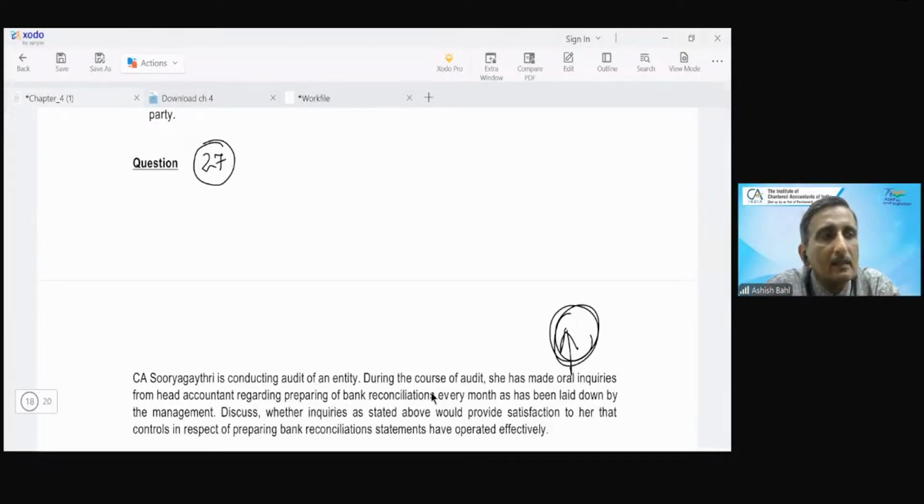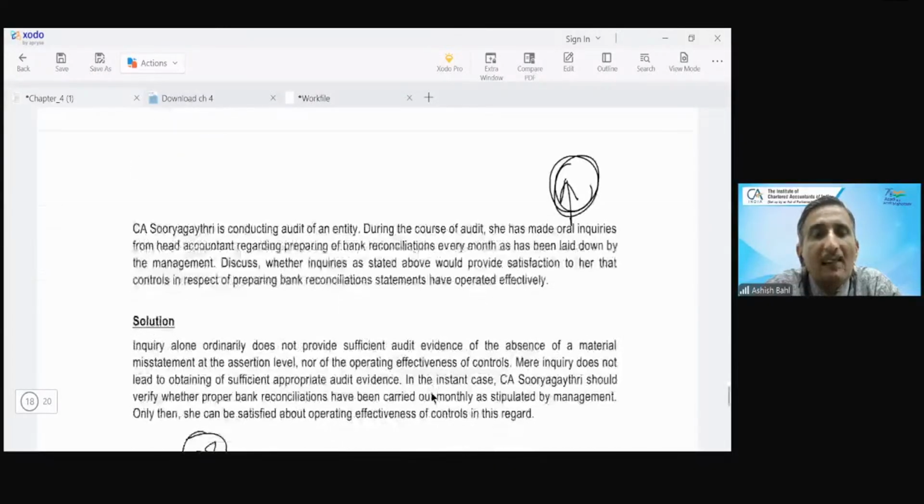Yes, Harshit, you are saying no. Yes, you are perfectly right. She has made oral inquiries. So inquiries by themselves, whether oral or in any other form or written, do not provide sufficient audit evidence that a material misstatement does not exist.